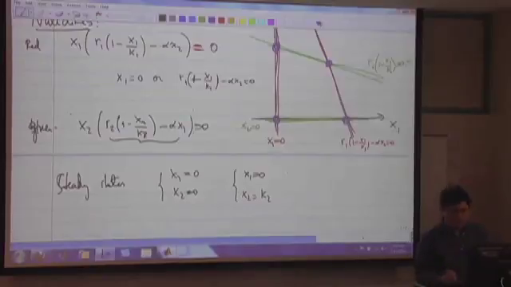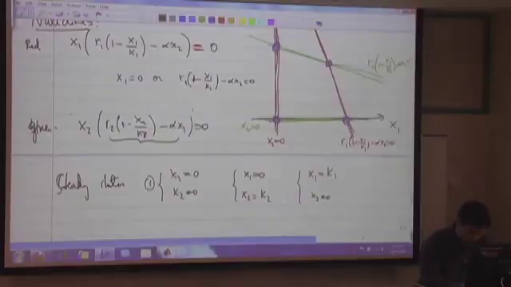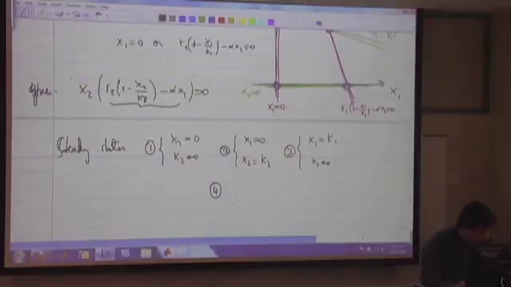Well, the equilibrium has to be basically where species 2 is at the maximum sustainable population. And the same, if x2 is 0, then x1 has to be k1. So this is 1, 2, 3, and the fourth is hopefully where coexistence occurs, right?